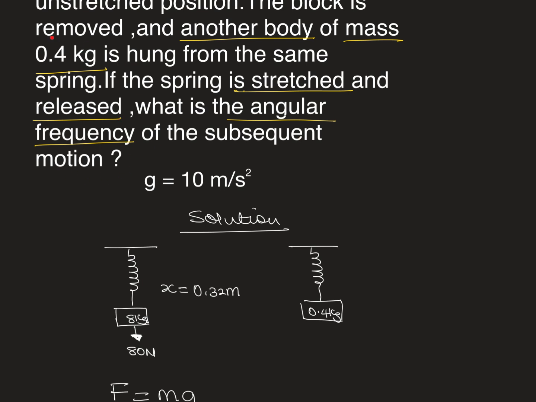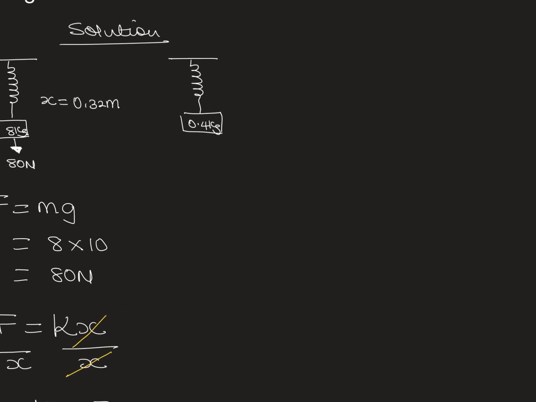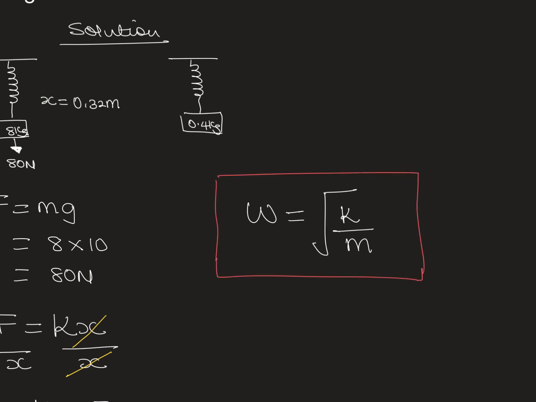That is when you attach the 0.4 kilogram mass to the spring. The formula for angular frequency, omega, is equal to the square root of the spring constant, or force constant if you like, divided by the mass. This is the formula that you should always remember when you are dealing with a spring mass system.